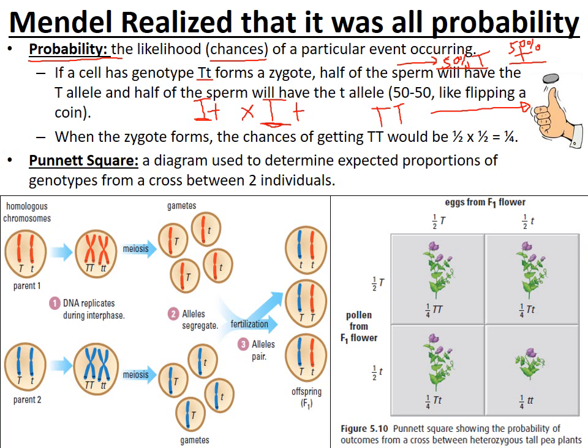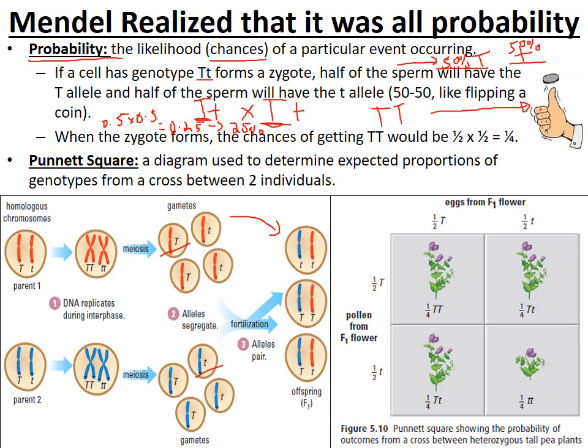So you would do 0.5, 50% chance, times 50% chance, and that would give you a 0.25 chance, a 25% chance, or a quarter chance. And so you can see that in this picture over here. You have a 50% chance of getting this, 50% chance of getting this, combine them together, and that would be a 25% chance.